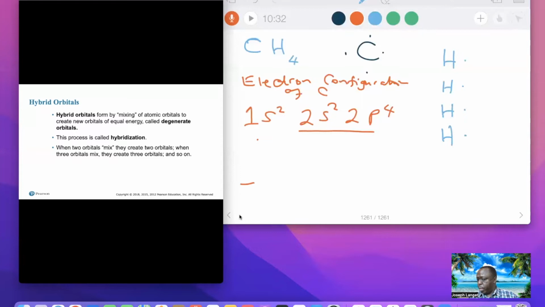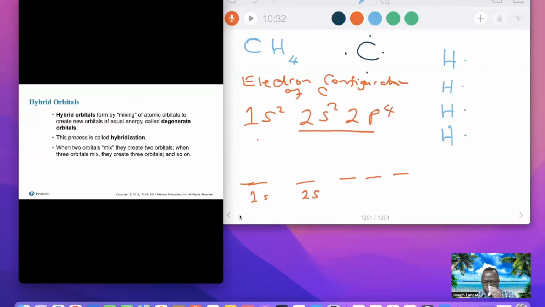The orbital filling diagram: 1s, 2s, then 2p here. Remember, we have 3 orbitals in the 2p subshell.